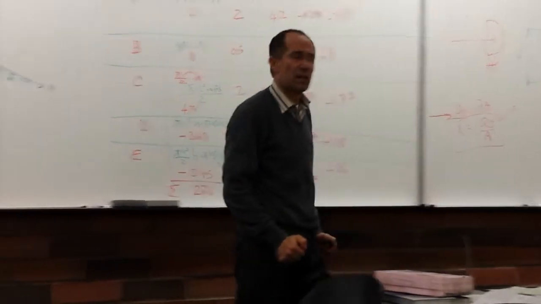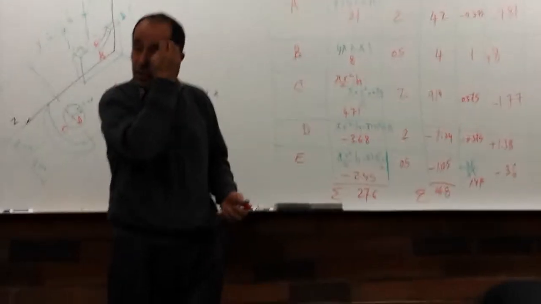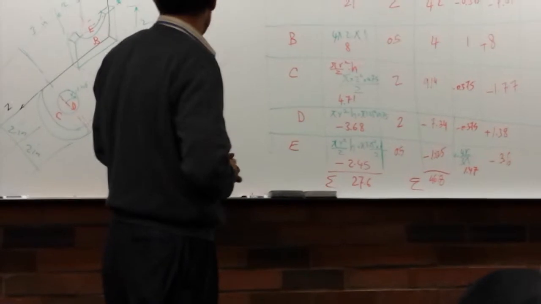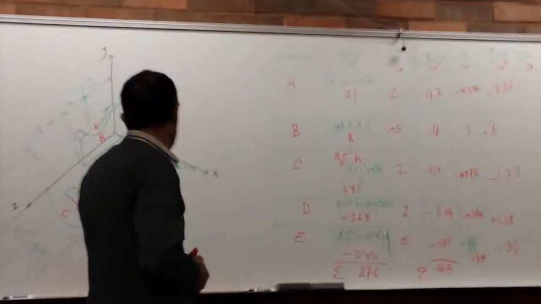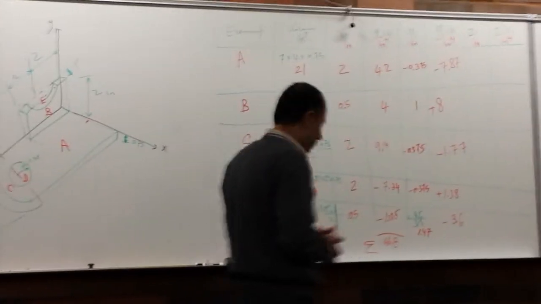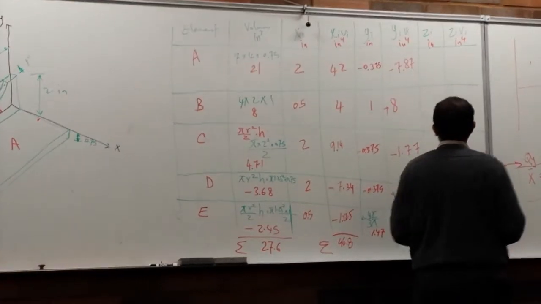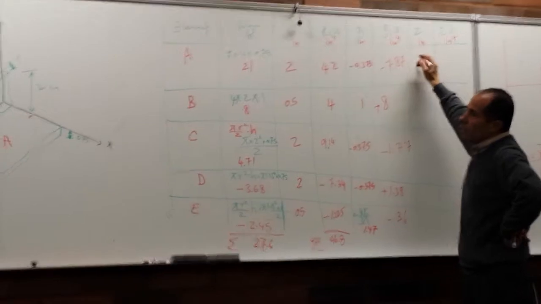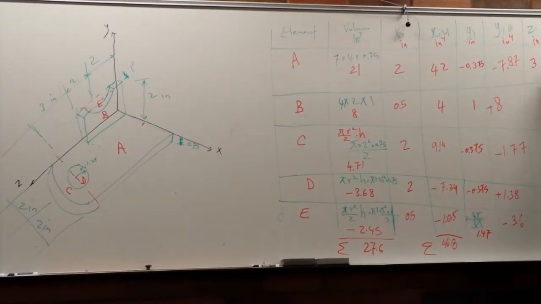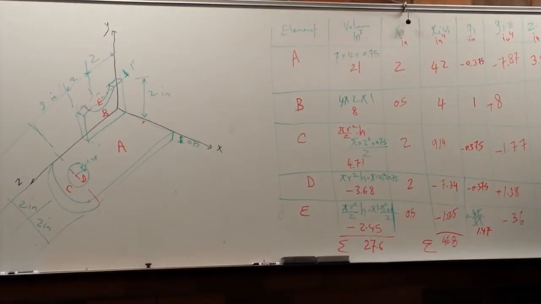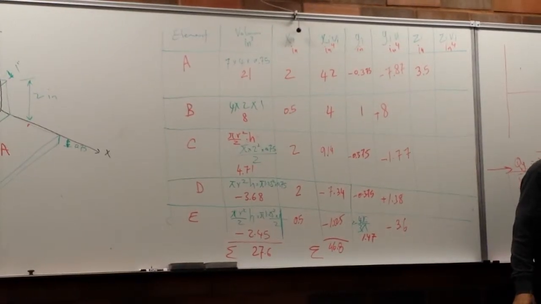Make sense? Let's go to the last one, which is the z direction. On z direction, we are measuring from x. For the very first one, give me a number. 3.5. Agree? Everybody? Yes.